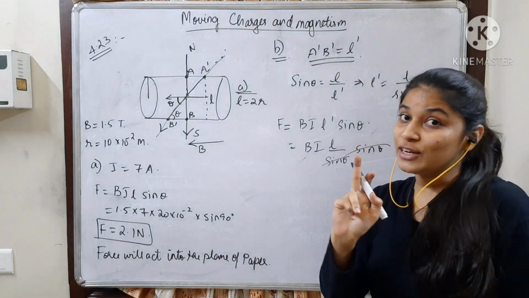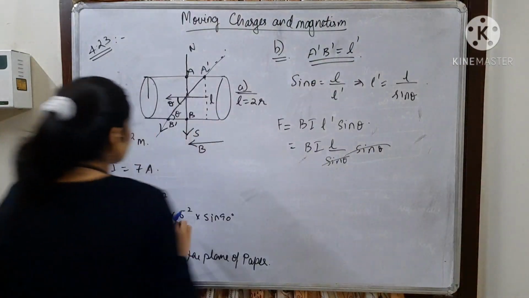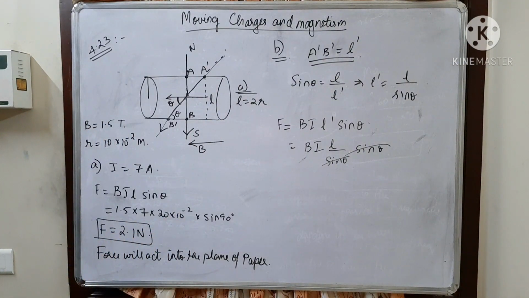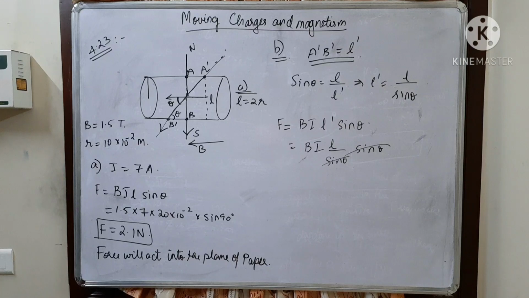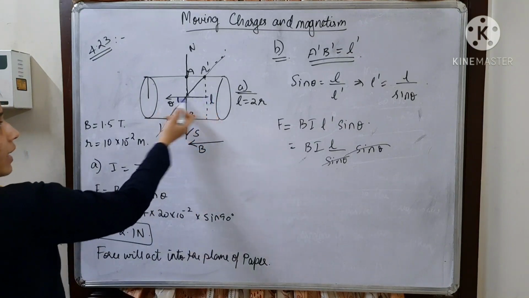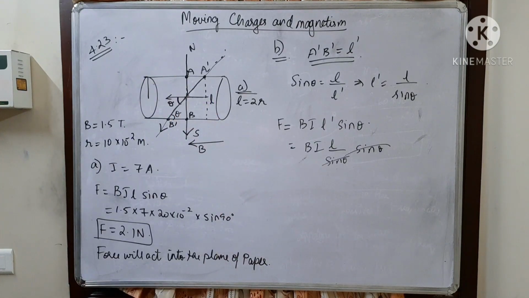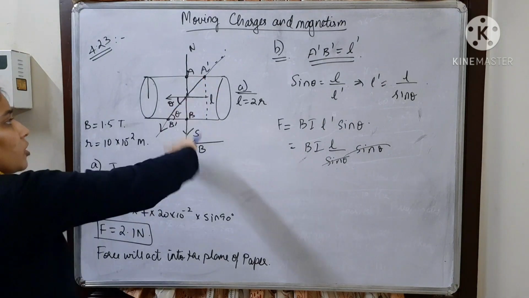Now I did not tell you why we are taking this length. We have to take the length that is exposed in the magnetic field direction only. In the direction of the magnetic field, the effective length is this much only.